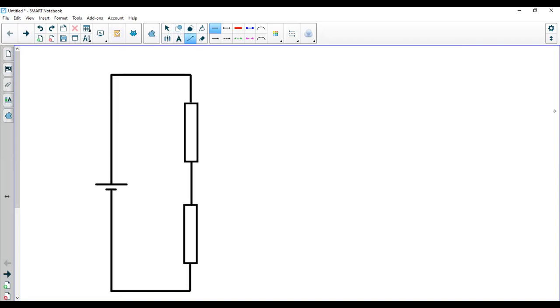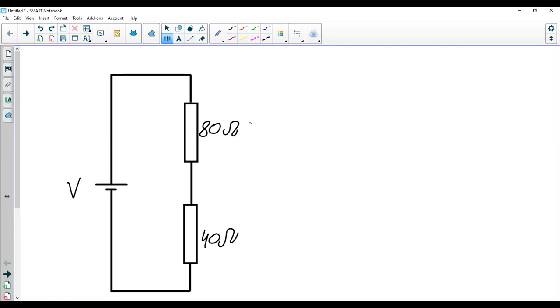So if we have a potential source V, and say that this is 80 ohm and this is 40 ohm.